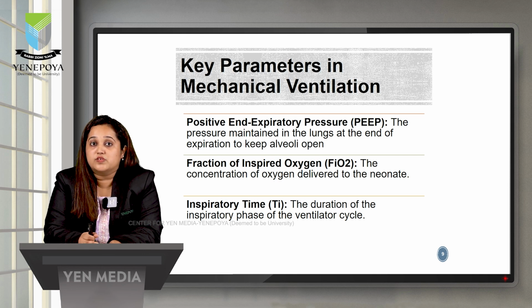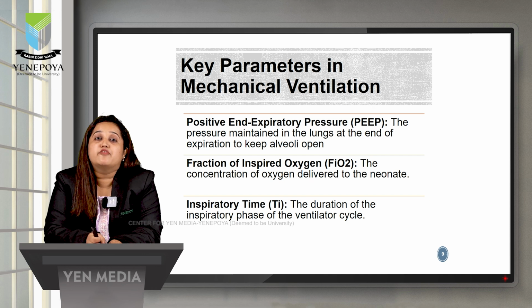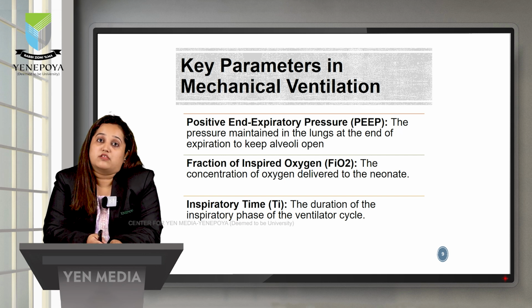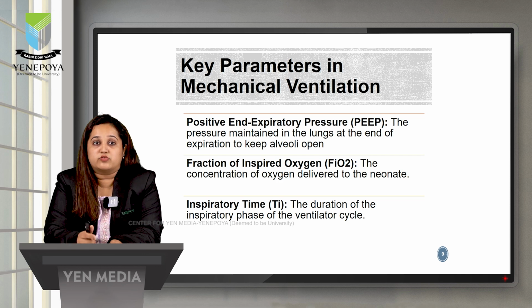For preterms you will target somewhere between 92 to 95%, and for term babies you can target 95% to 98% oxygen saturation. If you can maintain this oxygen saturation, an FiO2 between 40 to 60% is more than enough. But in certain cases where the baby requires higher oxygen, you can go up to 60 to 100% of FiO2.